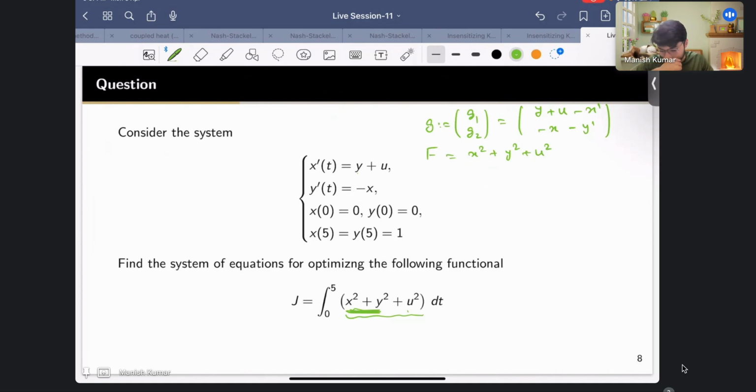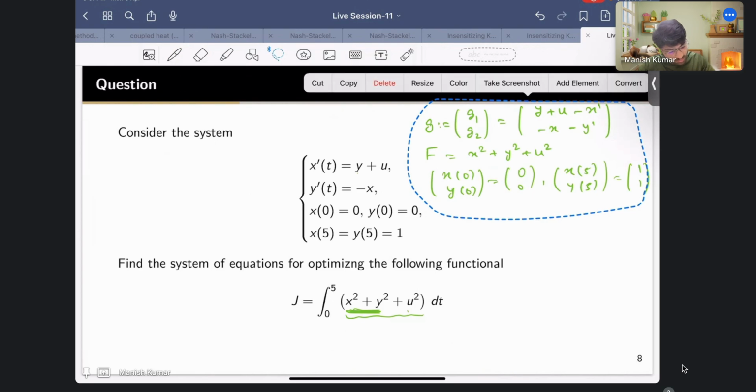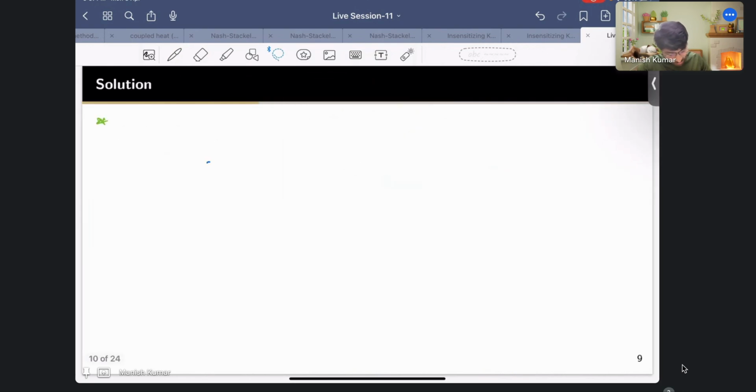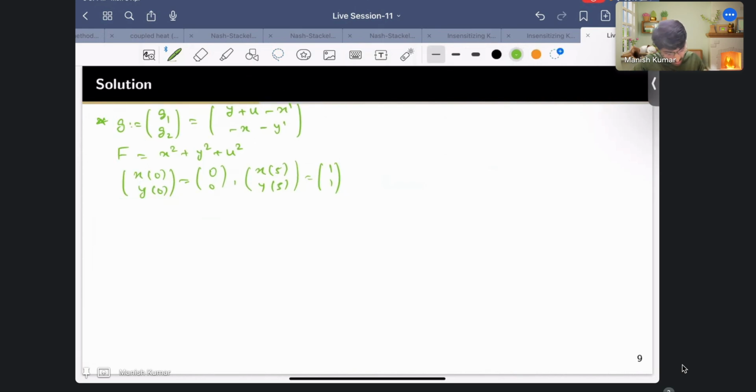Okay, and then these are the boundary conditions. So x at 0, y at 0 is 0 0, and x at 5, y at 5 is 1 1. Correct. So this is given to you.